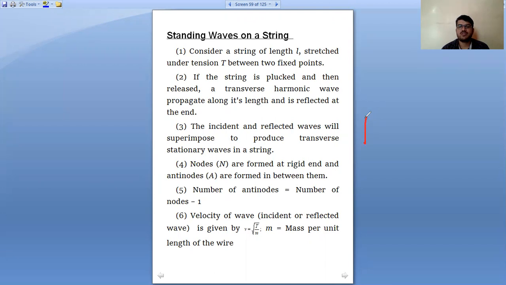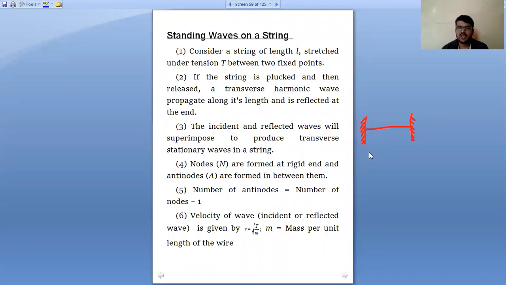Suppose here, let us say one string is fixed like this between two rigid supports. Can you see the diagram? Yes, see to the right-hand side of this page. Okay, so this is what you are getting here.